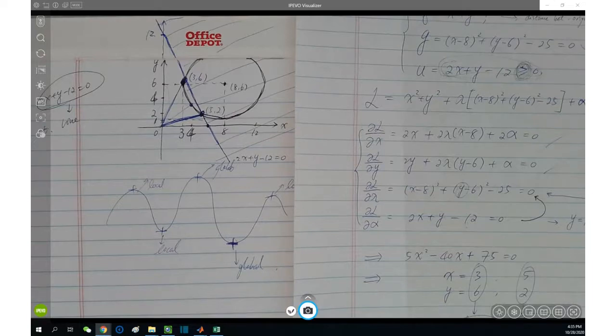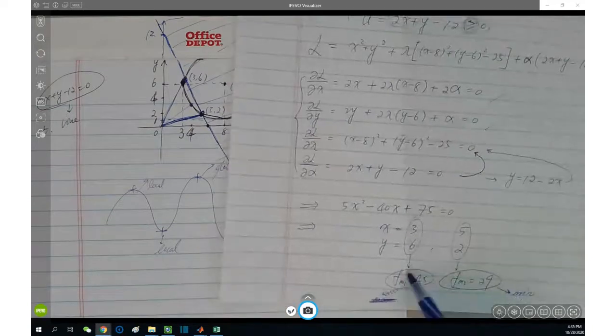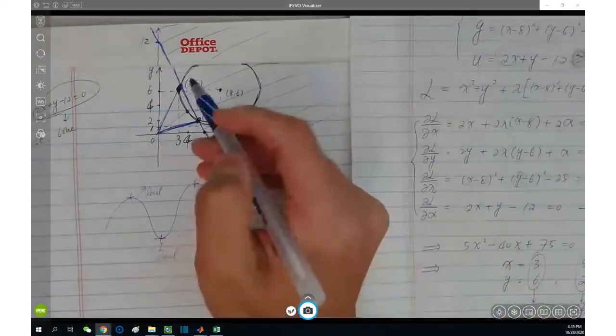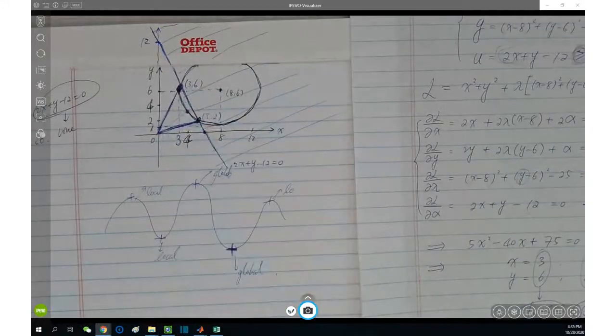A higher value, which is 45 here? No, like I said, 45 is another local minimum. Okay, yeah, we can't assume it's a maximum. By this graph, it's another local minimum, actually.